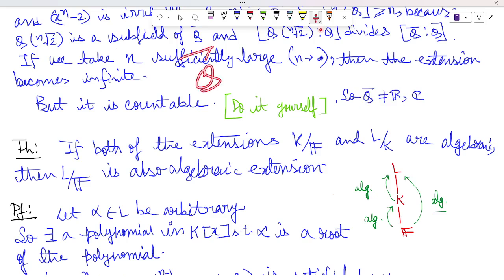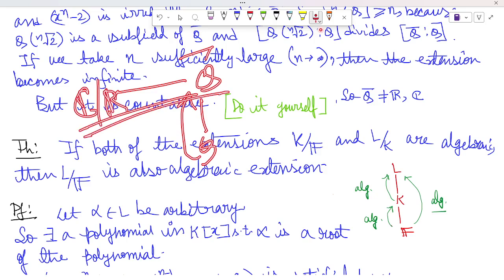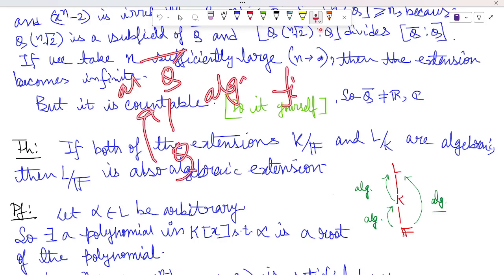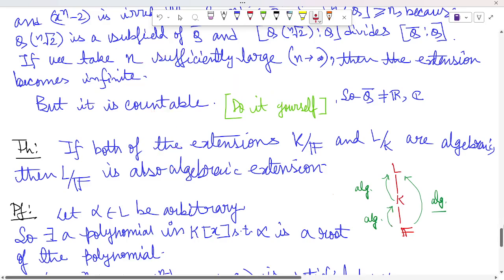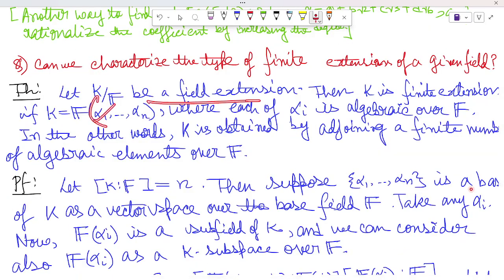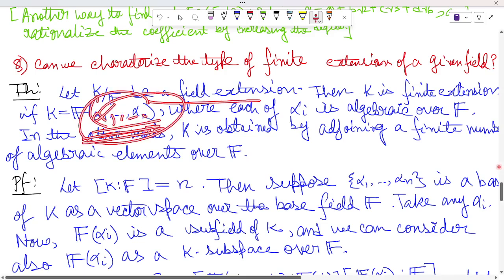So it is a proper extension of Q, properly contained in C or R. You might see the example that Q-bar over Q is algebraic but not a finite extension. A finite extension is algebraic, but the converse is not true. When is the converse true? An extension is finite if and only if it is finitely generated by algebraic elements. Okay, so I will conclude the class here. Thank you.